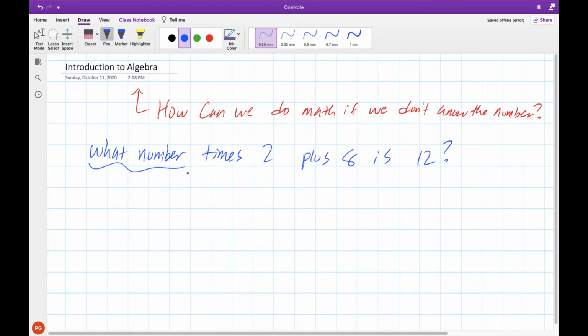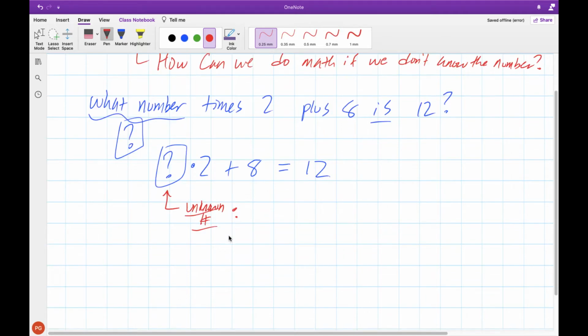Anytime we don't know what the number should be, but we know some other stuff about it, that's when we can use algebra. And we can represent this number like we have been so far with something like a question mark. So what this really tells us is some number times 2 plus another 8 is equal to 12.